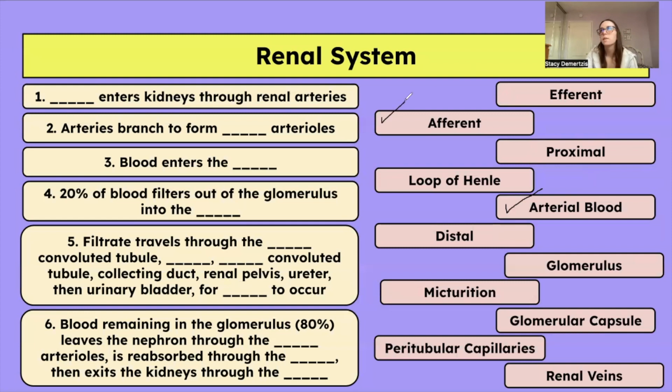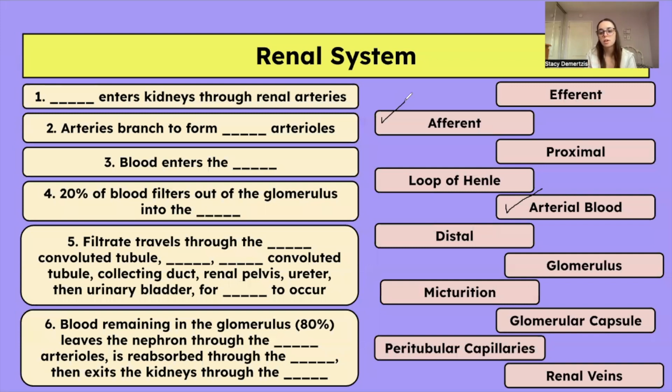I know you learned afferent versus efferent with the nervous system, even though that's not what we're talking about here. The concept of the words is the same, in which afferent, I like to say arriving. So this afferent arteriole is letting blood arrive to the glomerulus.